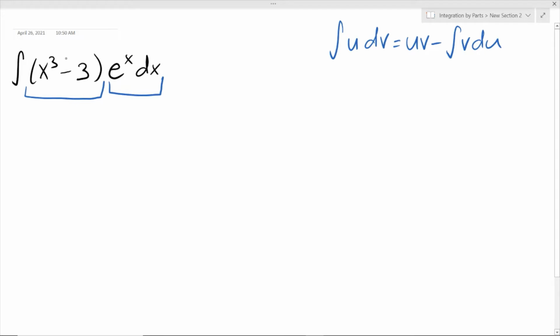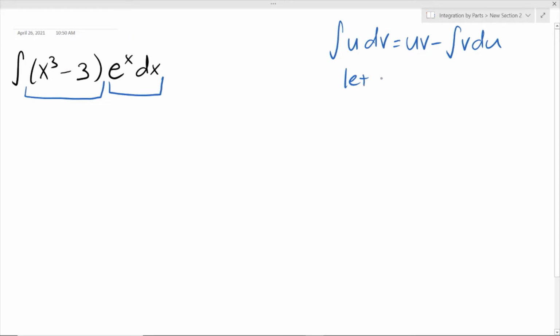But here we realize that we should let this be u, because the trick to finding u is that the derivative of u has to be simpler. So let's say we let this be u.